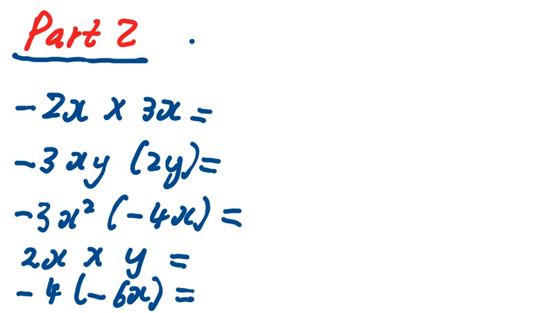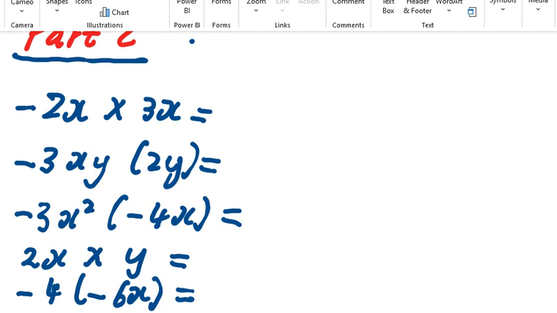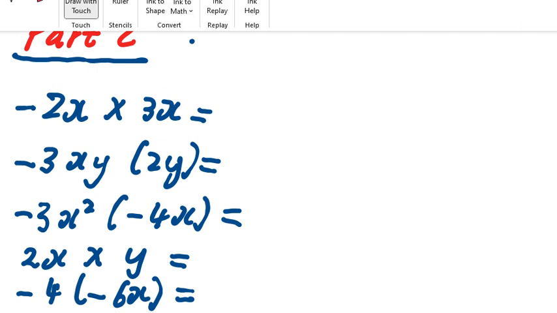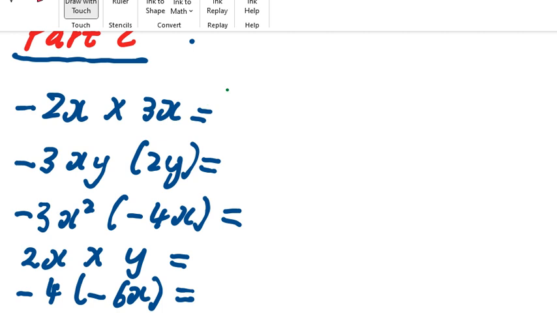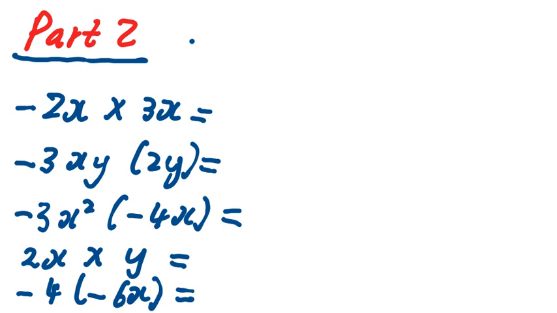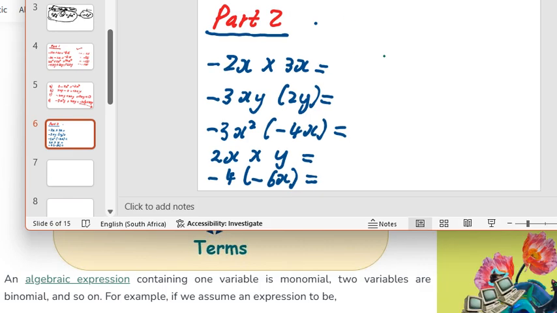Let me change the colors now for our solutions. Let's take green this time. With multiplication you need to know this.